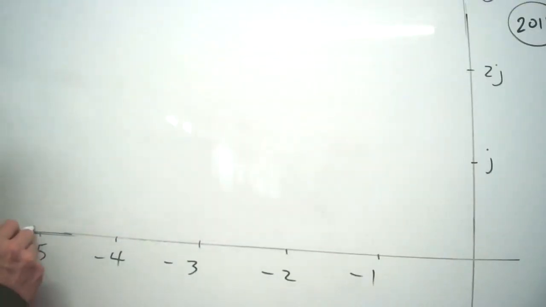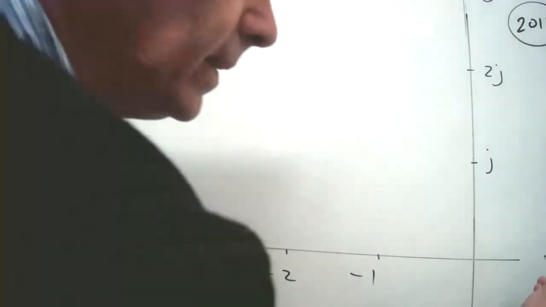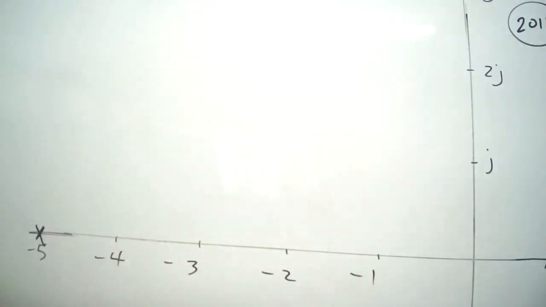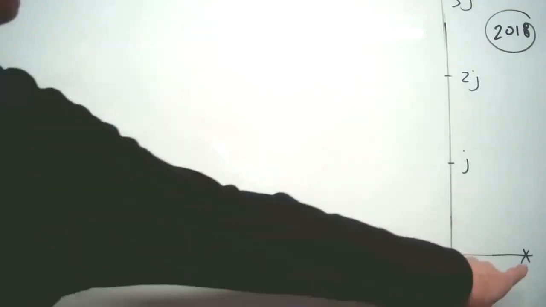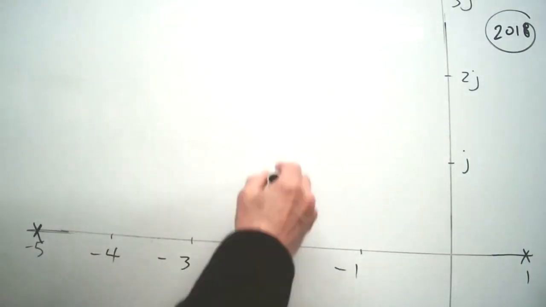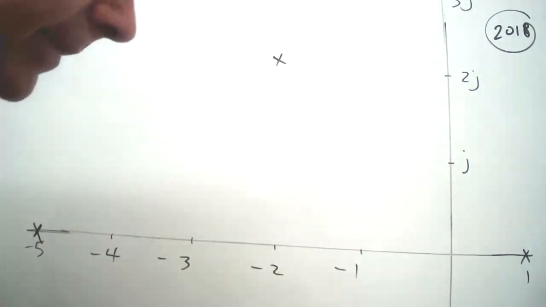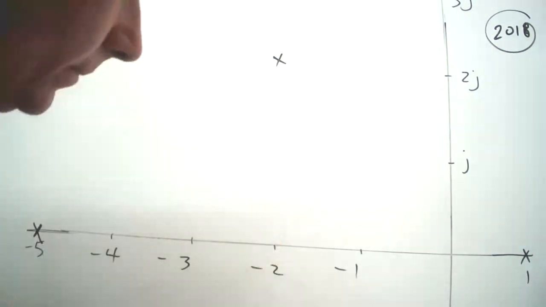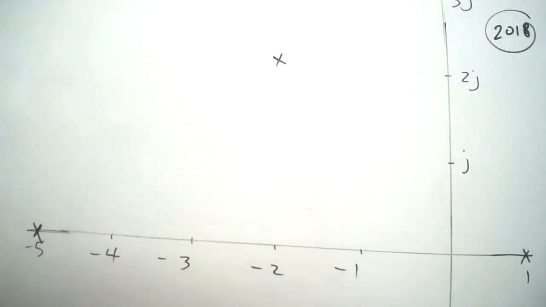So we've got a pole at -5. I've got a pole at 1, about there somewhere. It's gone off the screen. There's my pole at 1. And I've got another one, -2j, so it's going to be 1 there and 1 there.